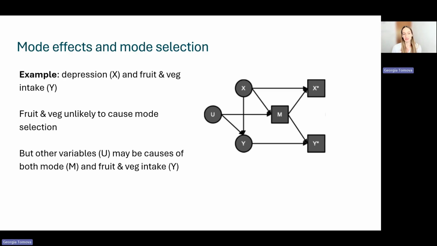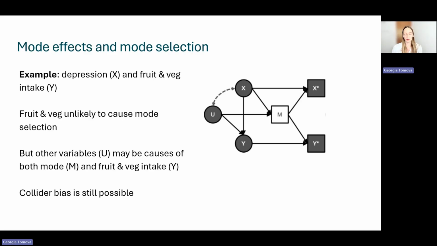Except there might be other variables like the latent U, which might be causes of both mode and the latent fruit and vegetable intake. Now, unfortunately, collider bias can also be introduced in this structure as well.